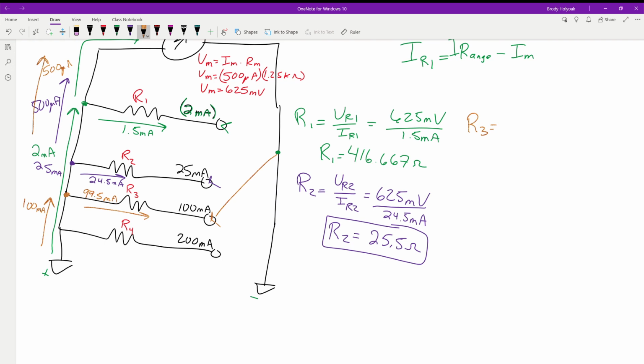Okay, so if we're looking for resistance, what's our formula? Voltage over current. So we have the voltage across R3 divided by the current going through R3. In this case, the voltage is going to be whatever voltage we have in here, because that's what we can calculate from. So we have 625 millivolts, and our current, which you said was 99.5 milliamps. What does that come out to be when we divide those out?